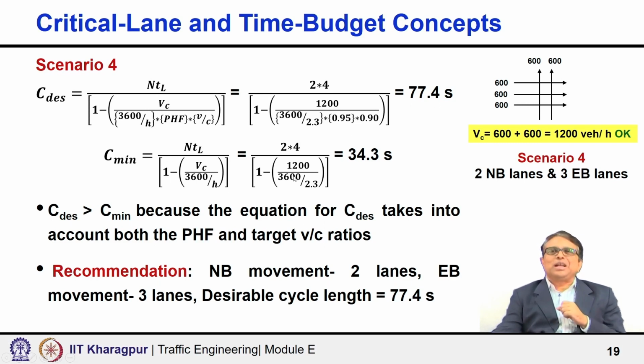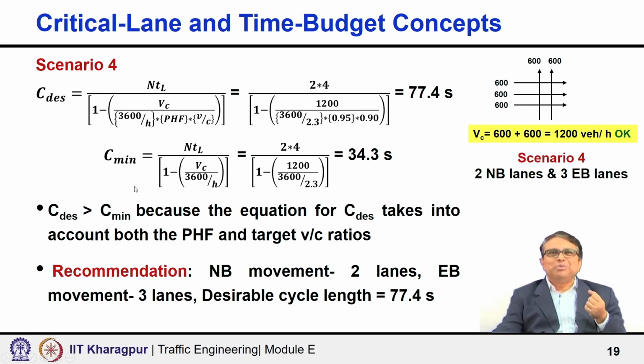I also wanted to calculate here the C minimum. With this configuration, that means 2 northbound lanes and 3 eastbound lanes, your total minimum cycle length will become 34.3. You can clearly see that when you consider the peak hour factor and a V by C ratio lower than 1, your desirable cycle length will be much higher.